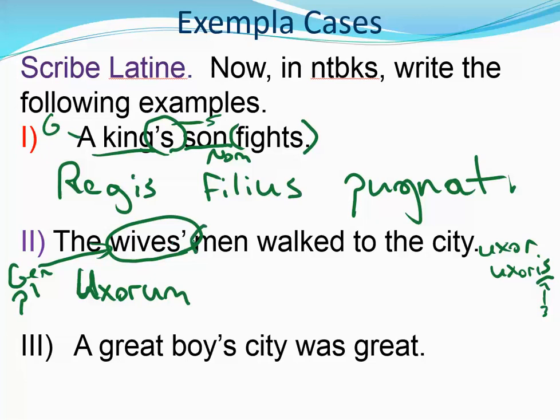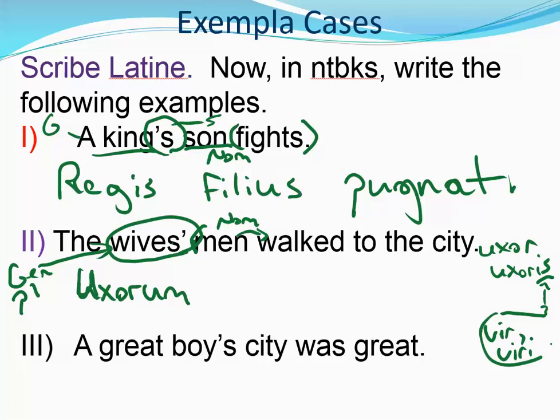The men are the ones walking. They're doing the action, so they're nominative. They're the subject again. So the word for men can be one of two words. It can be homo, hominis, or the word vir, which is second declension masculine.